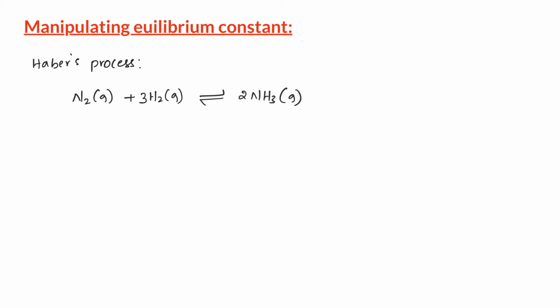Earlier, we have written the equilibrium constant expression for this reaction. K is equal to the concentration of products over reactants, that is, the concentration of ammonia at equilibrium raised to the power 2 divided by concentration of nitrogen to the power 1 and concentration of hydrogen at equilibrium to the power 3.